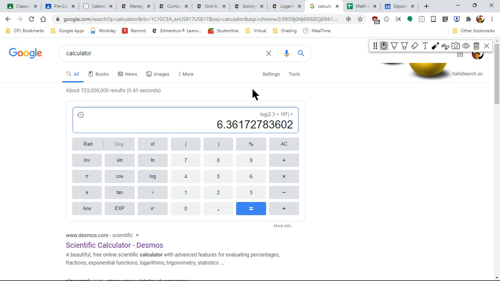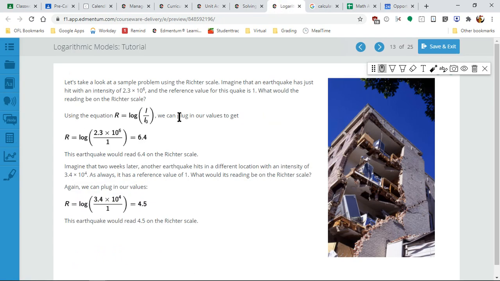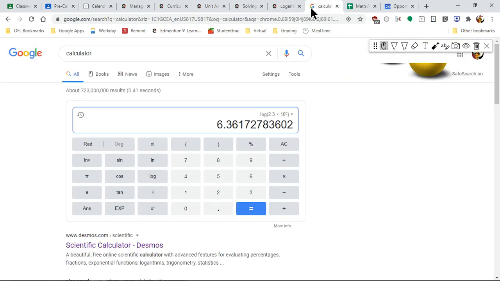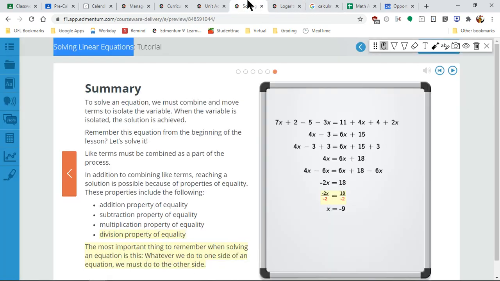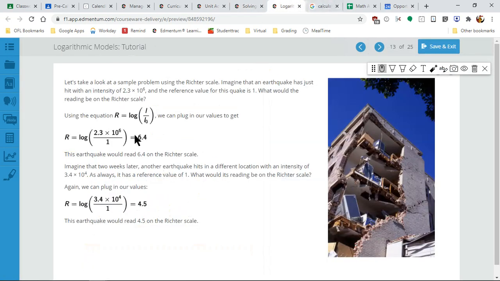The book said 6.4. Just to prove to you that I wasn't making that up, log of 2,300,000, the same answer. It's just an easier way of writing it down. That way we don't have to write down all those zeros.